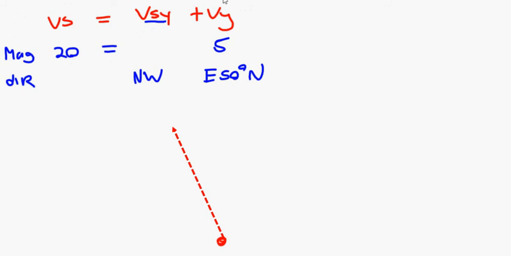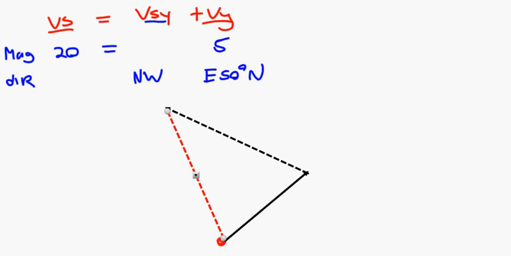So we'll do Vs, and then Vy, which goes this way. And finally we have Vsy, which goes in a northwest direction up this way, so we'll just make this longer. This here is Vs, this here is Vsy, and this direction here is Vy, and that's our triangle constructed.